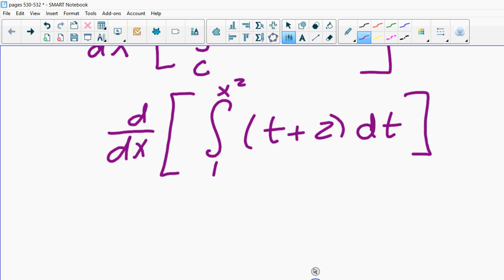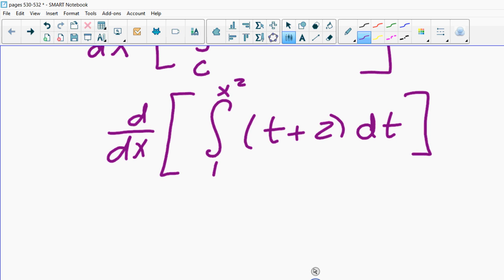Now before we start, we're going to do this the long way, just like we did the last one. What do you think the answer might be? X squared plus x squared plus 2? X squared plus 4? Let's see.